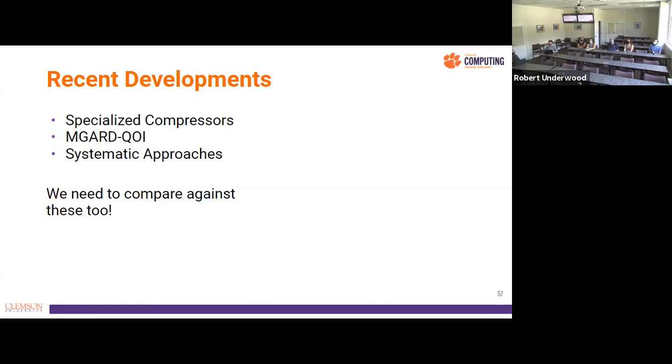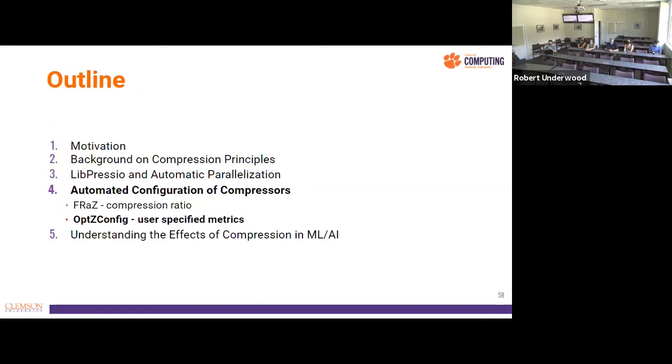They looked at trying to solve this problem for entire mathematically related families of functions using an approach called MGARD QoI that I'll talk about in a little while. And they use systematic approaches, which look at a variety of different points systematically in order to find a solution that works. And we need to compare against these approaches as well.